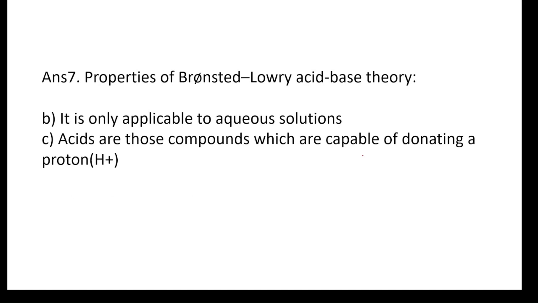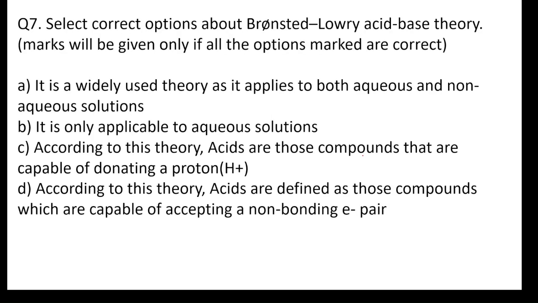So options B and C are correct. Why is D not correct? D is for Lewis acid and base, it is not for Bronsted-Lowry acid base. That is why options B and C are correct.